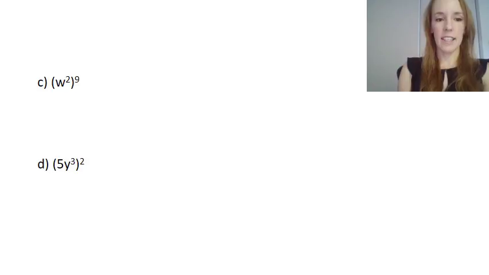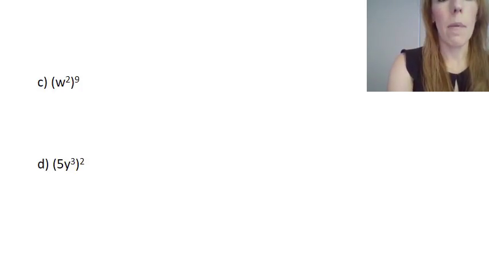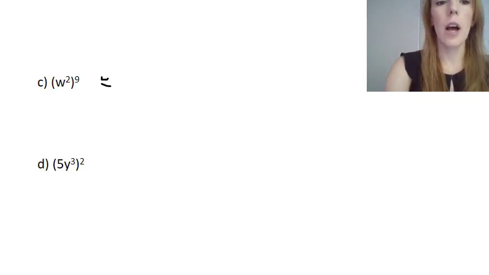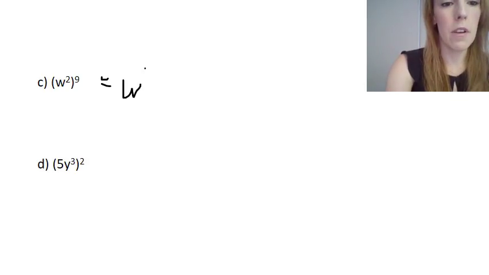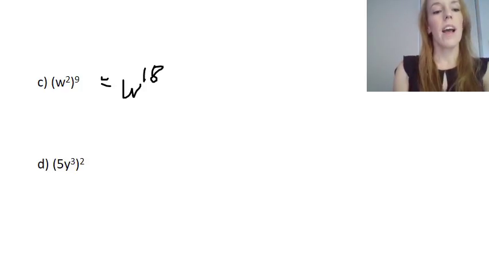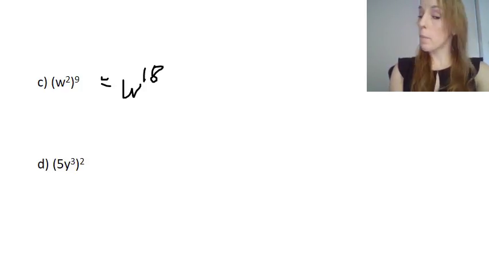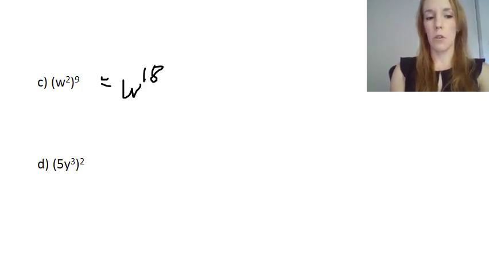Okay, our next example, we've got w to the power of 2, so w squared in brackets, raised to an index of 9. Remember, all we have to do is multiply our indices together. So we do 2 times 9, which will leave us with w to the power of 18. Our second example, we've got 5 multiplied by y cubed, so y to the power of 3 in brackets, and that's raised to a power of 2.